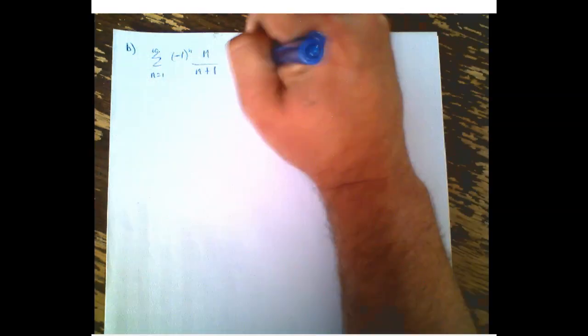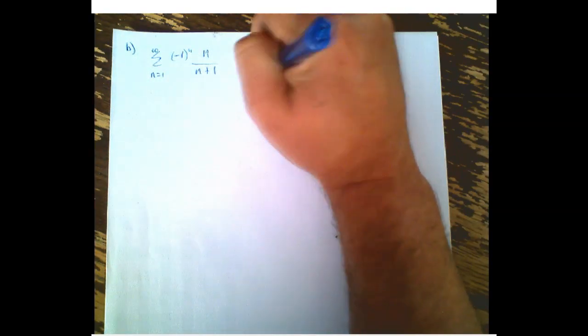So that series was sigma n goes from 1 to infinity of negative 1 to the n times n over n plus 1. All right, no special name for this one, so let's check our limit first. We need the limit as n goes to infinity of bn to be 0.